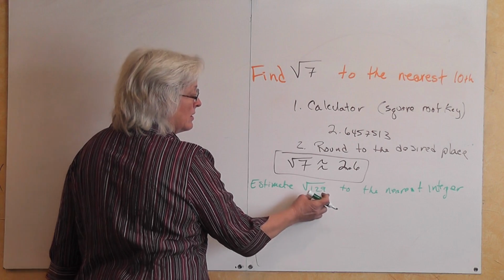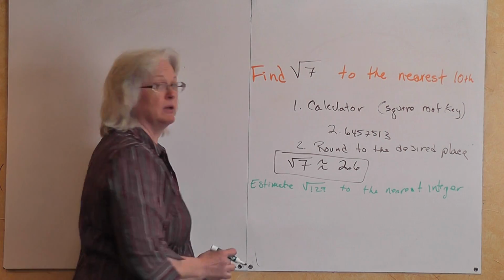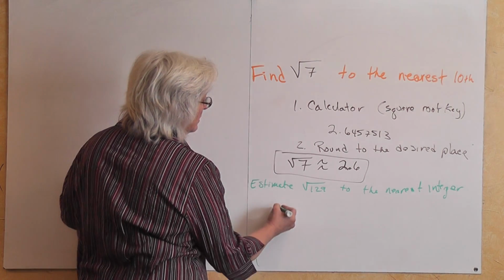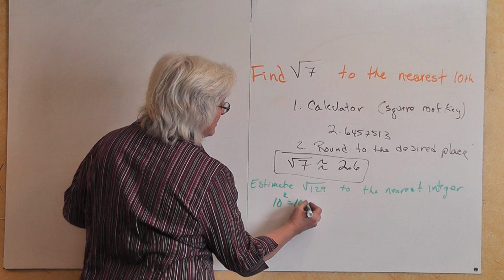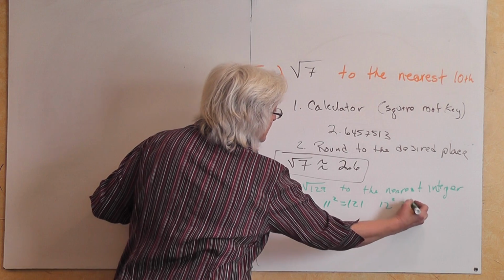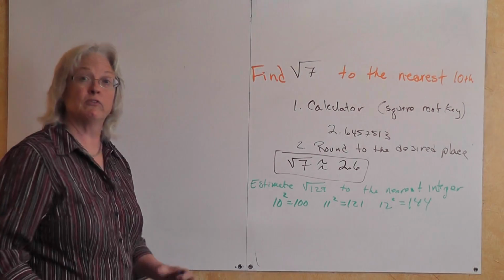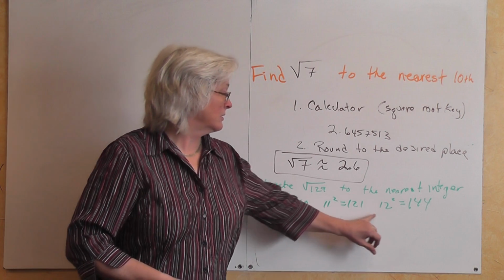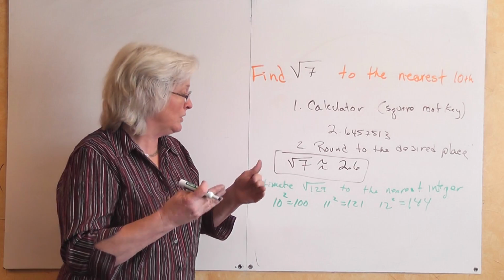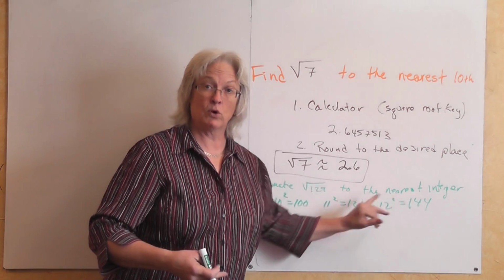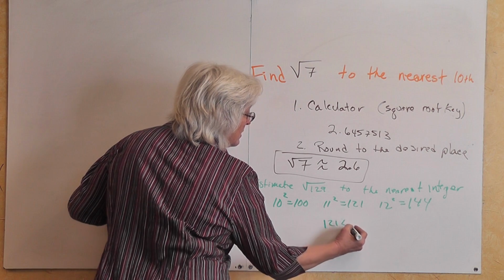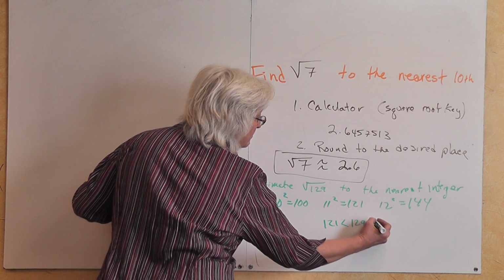We want to figure out what two perfect squares that radicand of 129 lies between, where it's sandwiched in there. Well, 10 squared is 100, 11 squared is 121, 12 squared is 144. Where does 129 fit in between these? 129, of course, fits in between 121 and 144.